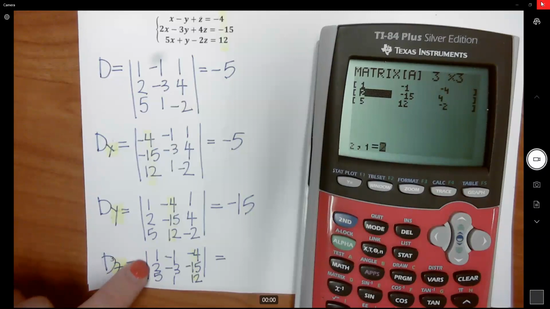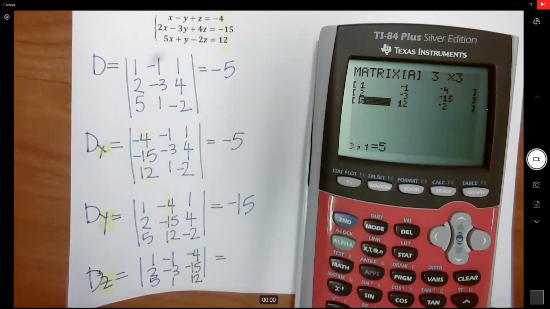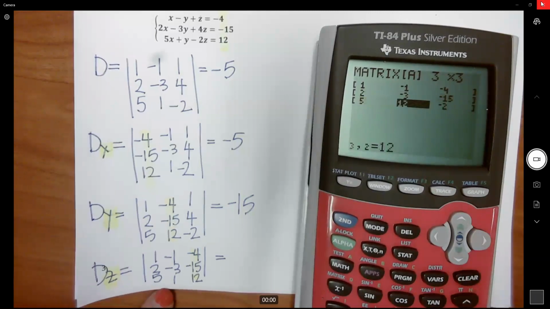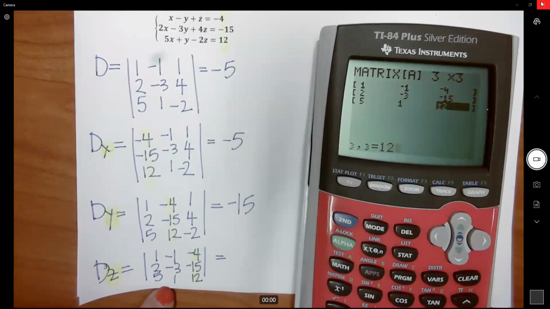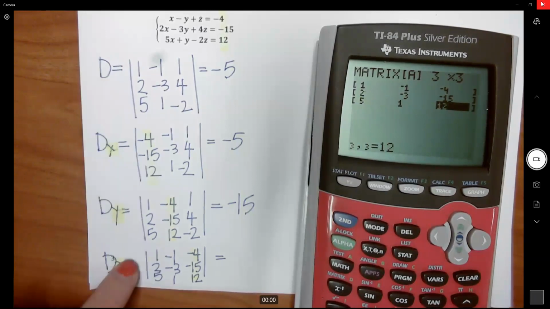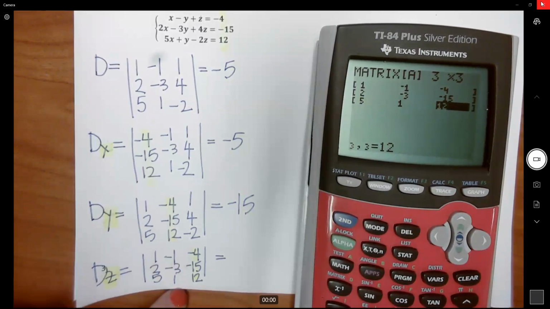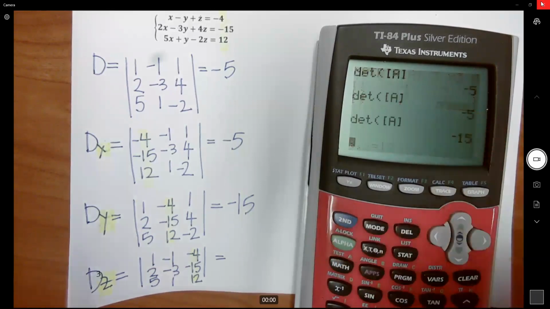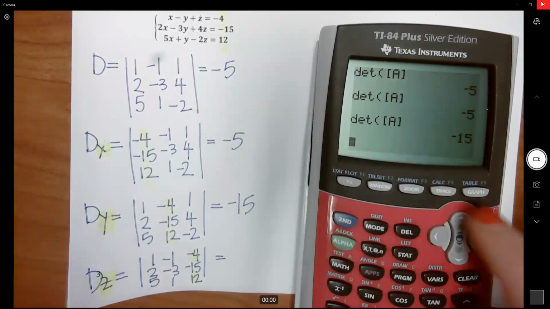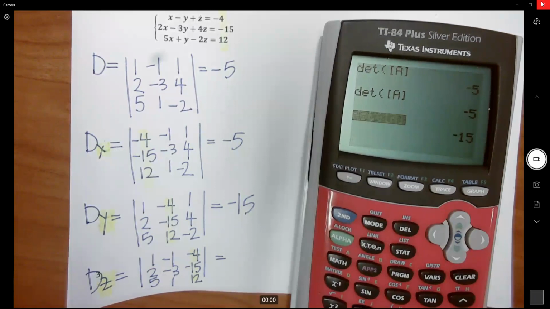Right there, I like that one. Okay, I'm going to check it real quick. Okay, I like it. So second quit. And I'm going to come back up here to determinant A, and we get 10.